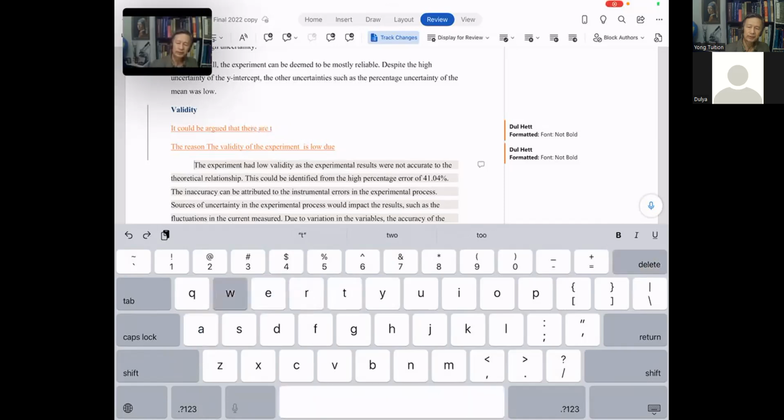There are two reasons for the relatively low percentage error, 41.04%. Okay, obviously it's very, yeah.